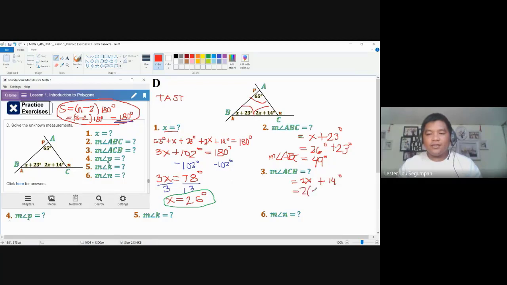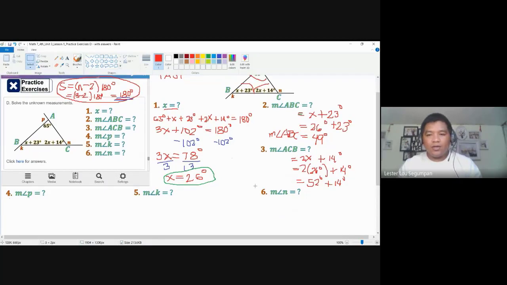Substitute the value for x: 2 times 26 degrees plus 14 degrees. 2 times 26 is 52, plus 14 degrees. So the answer for number 3, the measurement of angle ACB, is 52 plus 14, that's 66 degrees. These are now the answers for item number 2 and number 3.